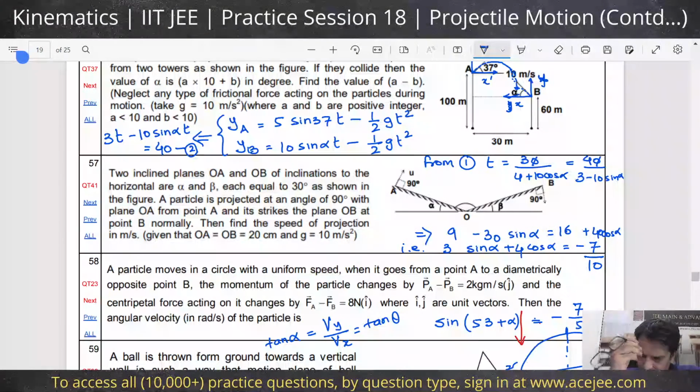Minus 7 by 50. So can I write this as sine of 180 plus 53 plus alpha is equal to 7 by 50?